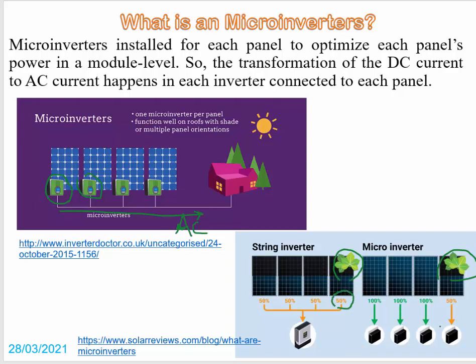But in the second type, the microinverters, when one panel is shaded and reduced to half, it will not affect the other panels. So there is an advantage in efficiency, as we can see here. The microinverters optimize the output power, each panel's power at a module level.